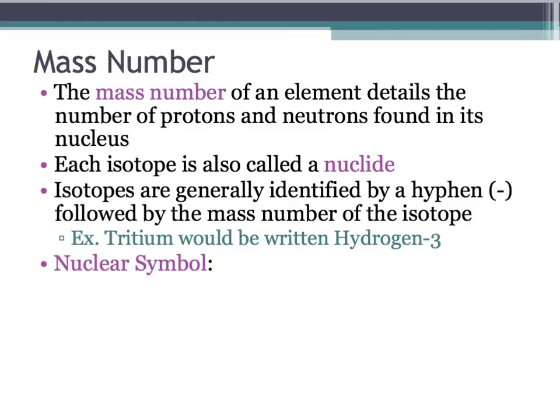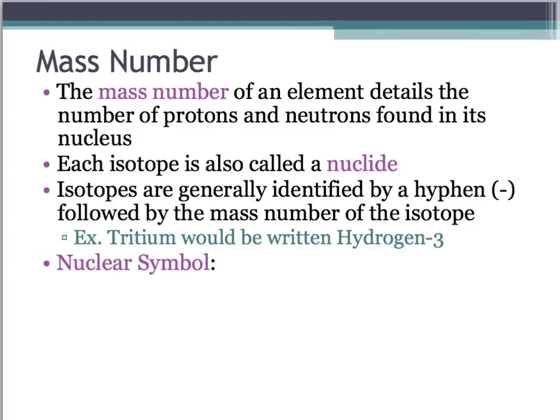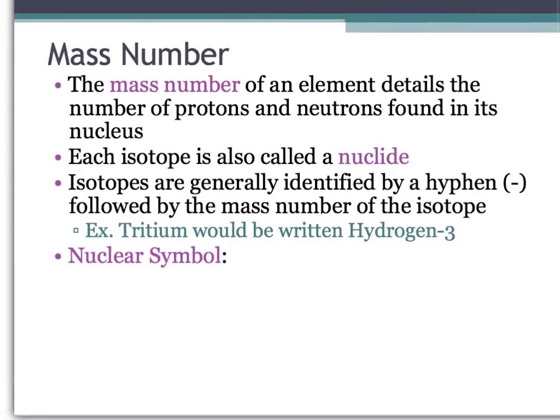The information about isotopes is really important because the different isotopes of an element will have a different mass. Because there's a different number of neutrons, and neutrons are the heaviest of the 3 subatomic particles, if you take out a neutron or add a neutron, it can have a pretty dramatic effect on the overall mass of that atom. Sometimes you'll hear our text will also refer to isotopes as a nuclide.